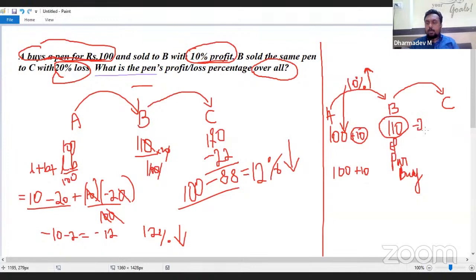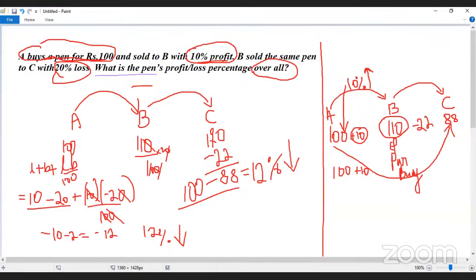So he's selling it for 22 rupees less than whatever he has purchased. He purchased for 110 rupees and he's selling for 22 rupees less. So now what is the new price? He bought it for 88. So the first person bought it for 100. The last person is buying it for 88. So overall, the pen was being sold from A to C with profit or loss.